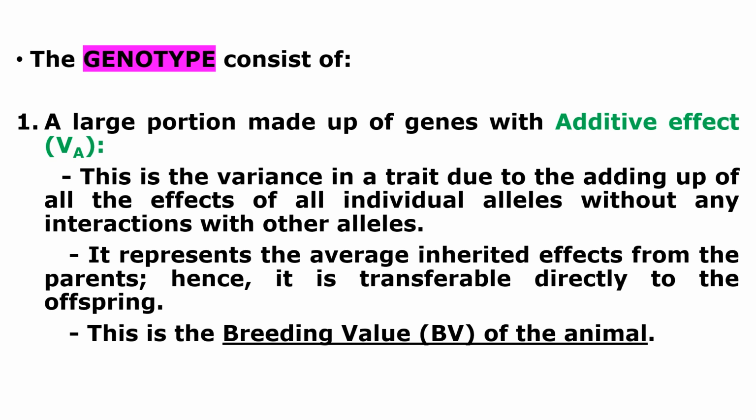And it actually represents the average inherited effects from the parents. Hence, variance due to additive effect is transferable directly to the offspring, and this is referred to as the breeding value of the animal.